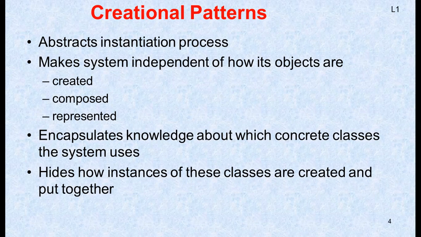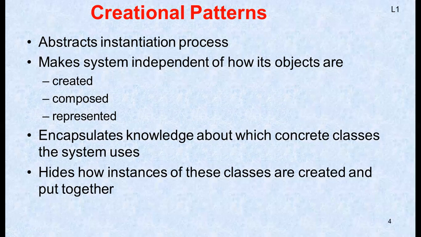So here there are two recurring themes in these patterns. First, they all encapsulate the knowledge about which concrete classes the system uses. Second, they hide how the instances of these classes are created and put together, so that the system at large knows about the objects only through their interfaces as defined by the abstract classes.